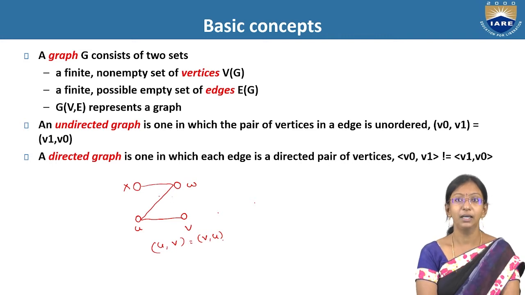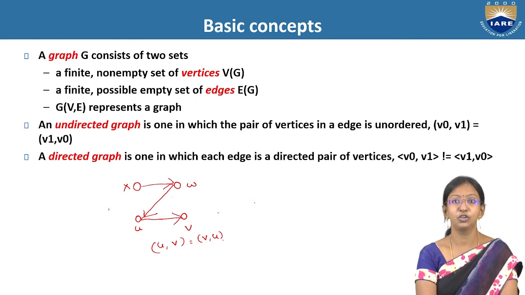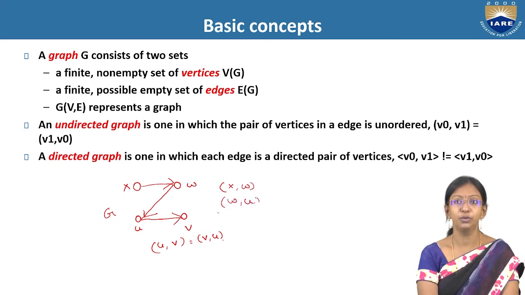Whereas if I convert this into a directed graph, you can see directions in this way. Then the edges in this graph G are X to W, then W to U, U to V. That means there is a direction.